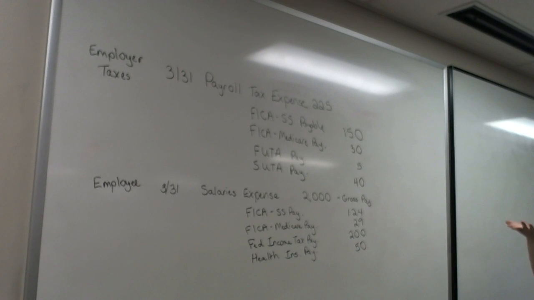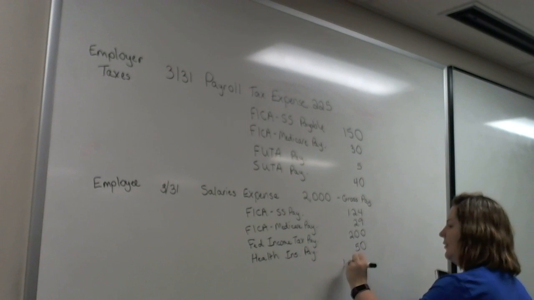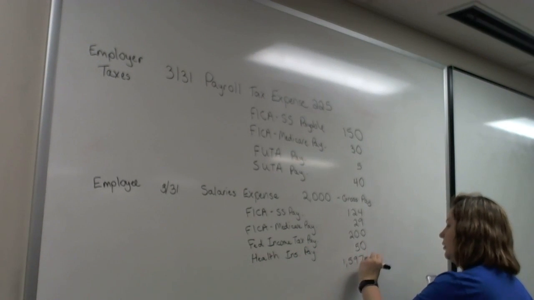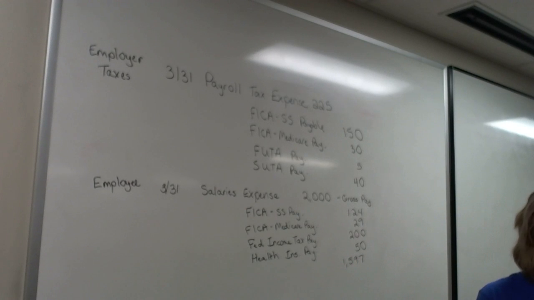And so then we would just take their gross pay, the $2,000, and subtract out all the withholdings. We should get 1,597. Okay, 1,597.